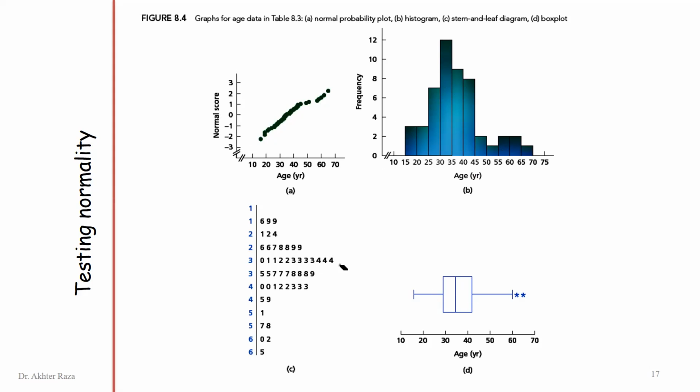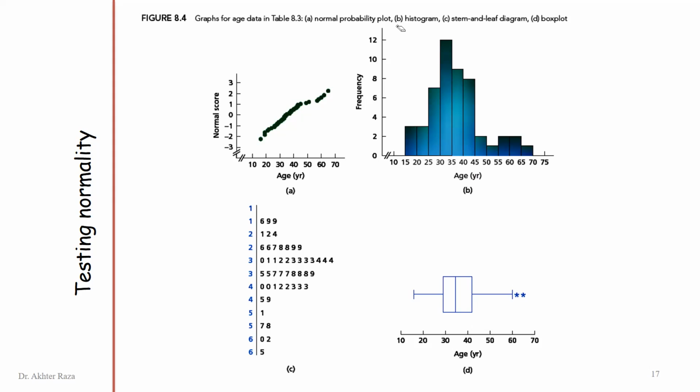And if the normal probability plot is in this shape, we can call it normal. So in this case, we have two outliers. After eliminating these two outliers, we can construct this graph again so that the normality of the data can be checked. Now I'm going to implement these four graphs in SPSS, how these four graphs are to be constructed in SPSS.